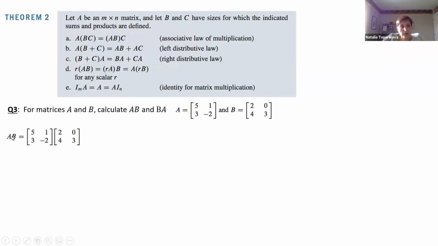Let's take matrix A and matrix B, and conduct row by column multiplication.